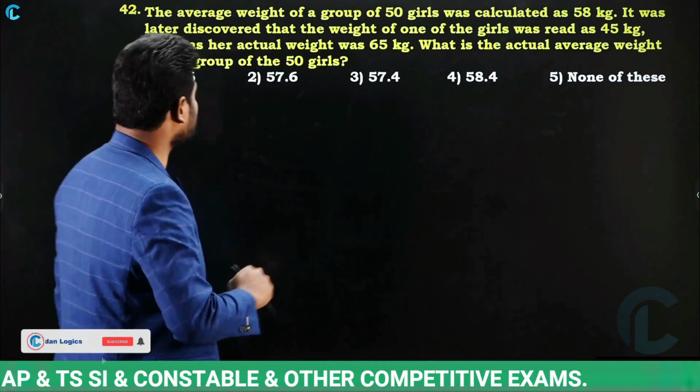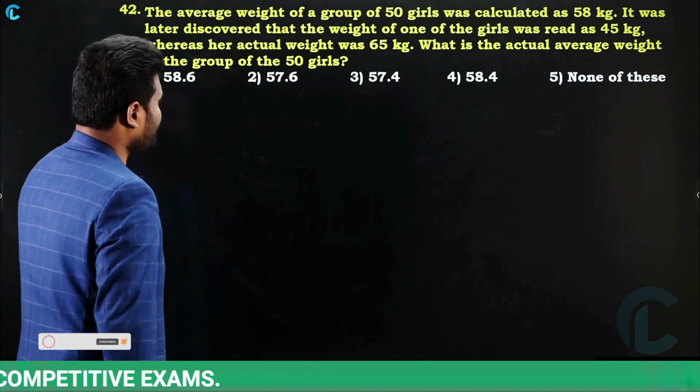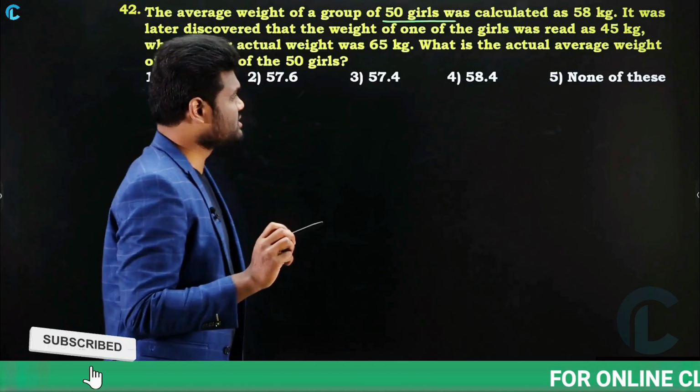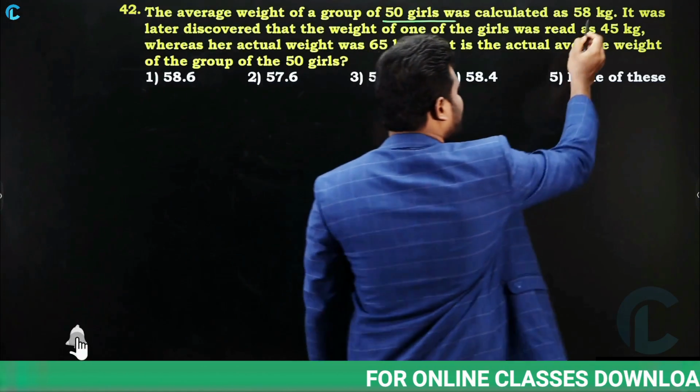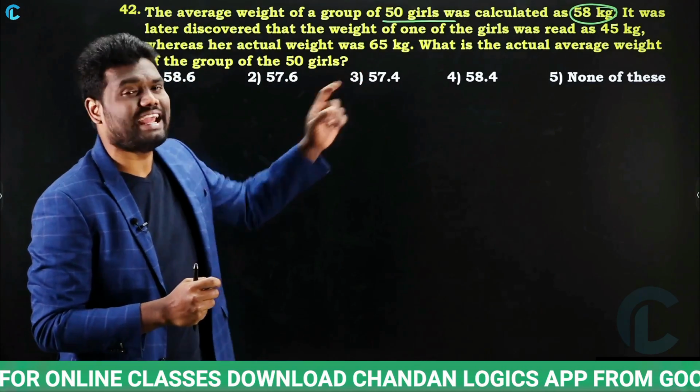Very simple questions. Just observe here carefully. In this question, it is saying the average weight of a group of 50 girls was calculated as 58 kg. So the average weight of 50 girls is 58 kg.